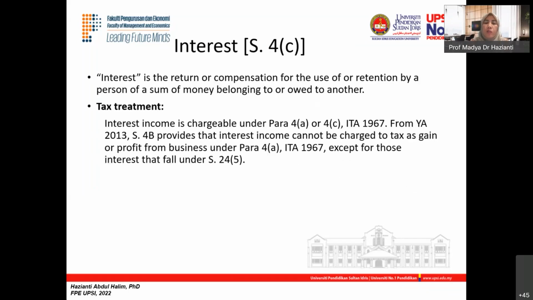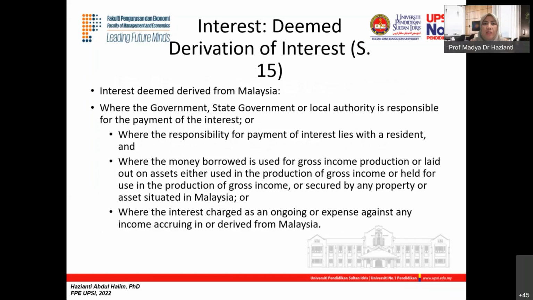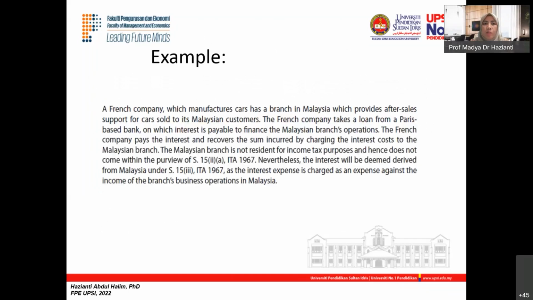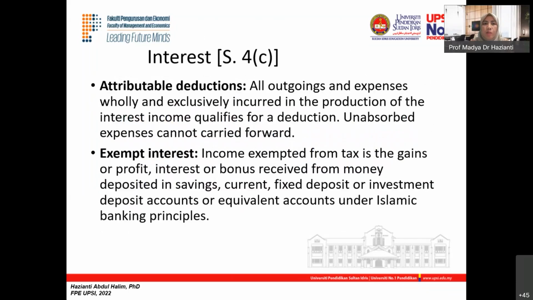Sama juga dengan interest. Interest, for example, you keep money in a bank, Maybank, CIMB semua tu, dalam saving account kita akan dapat interest. So that interest portion tu is also exempted. So cerita yang senang-senang dia exempted semua. Deemed derivation of interest, ini nanti boleh baca lah. People company, attributable deduction, all outgoing expenses wholly and exclusively incurred in the production of the interest income qualify for a deduction.